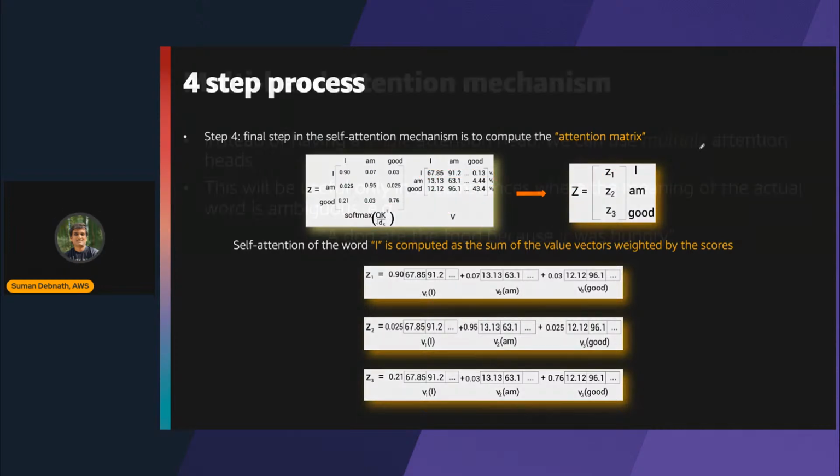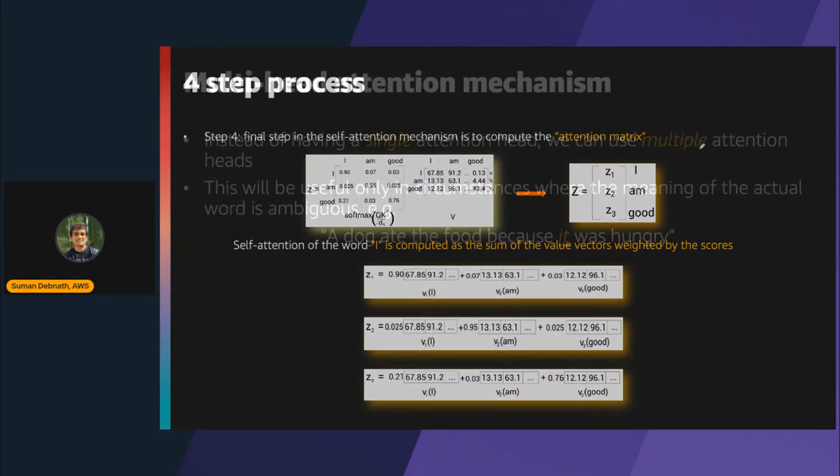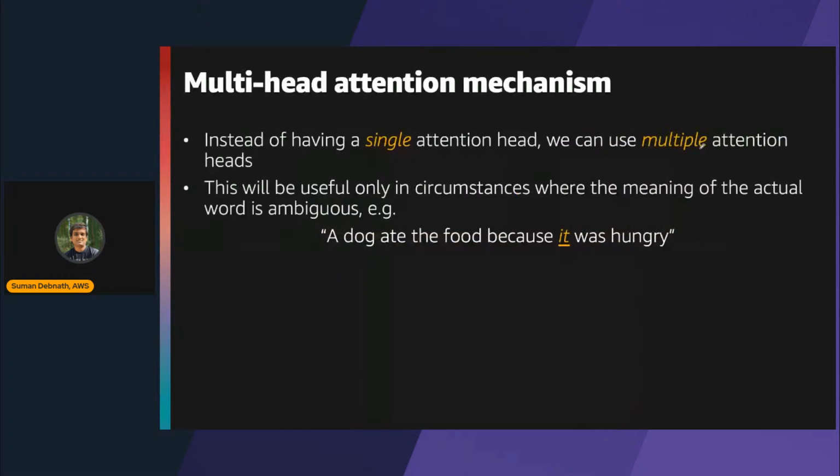Now you may ask, if you have a sentence like this, "A dog ate the food because it was hungry", in this case, I know that "it" represents dog here, but this "it" is a little ambiguous because the computer might think that it is referring to food, right?